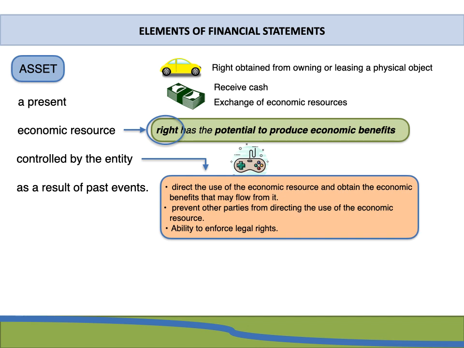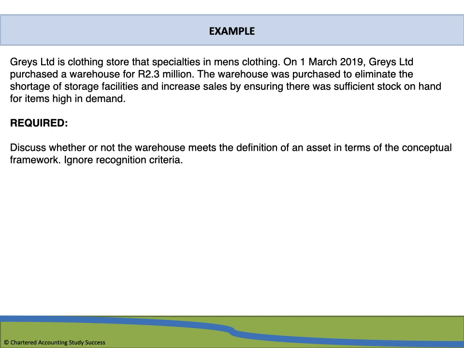Now let's go have a look at an example. Here we have Grace Limited, which is a clothing store that specializes in men's clothing. And on the 1st of March 2019, Grace Limited purchased a warehouse of 2.3 million rand.